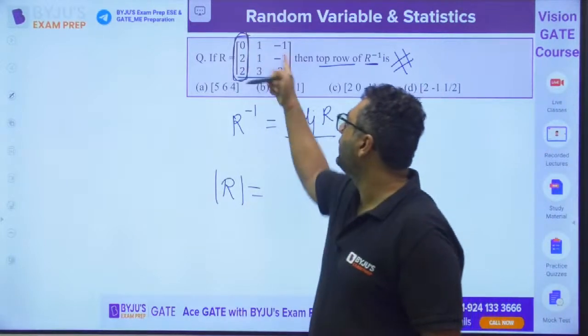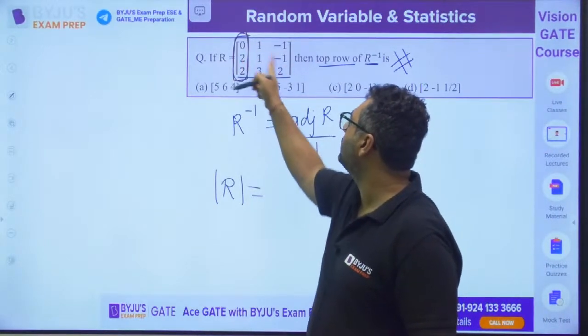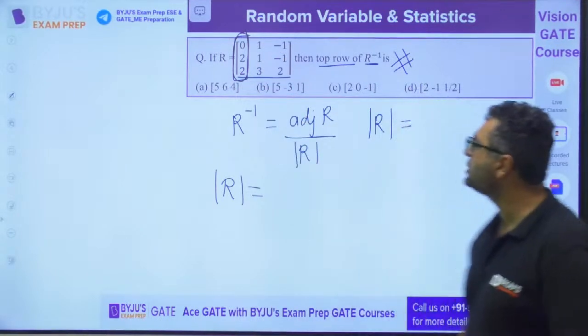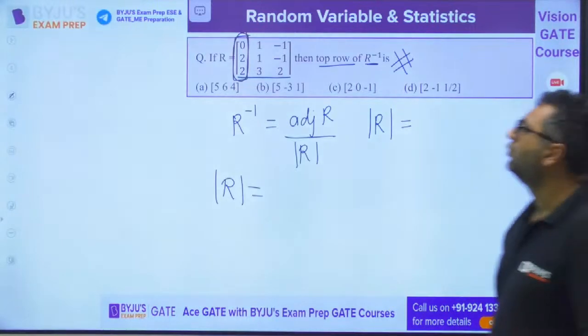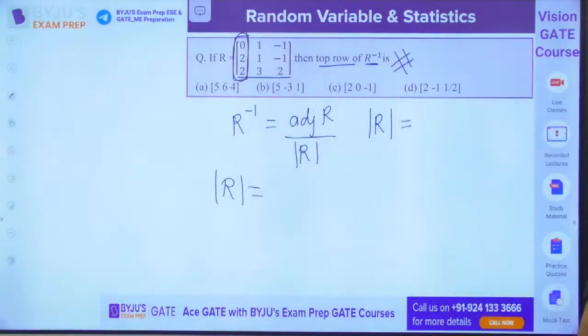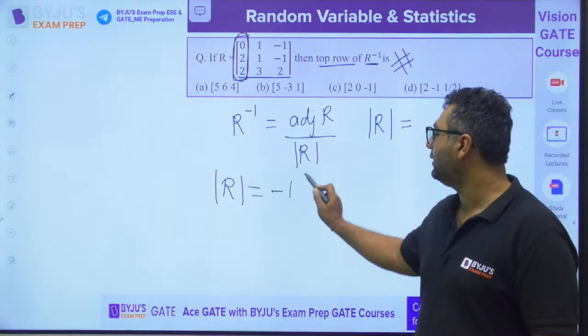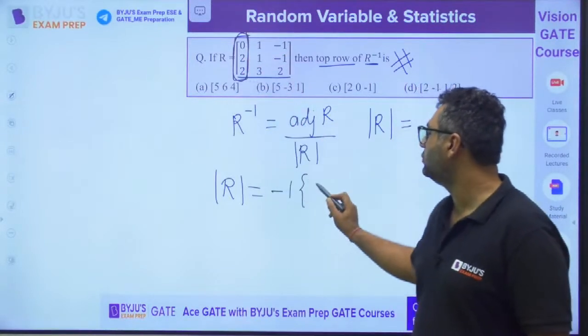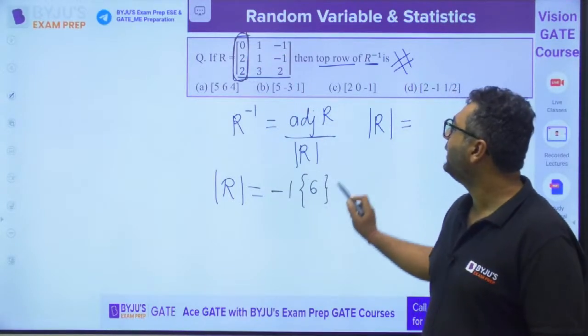So 0 into 0, then -1, 4 plus 2, 6, then -1, 4 minus of -2. Arey bhai, tell me, it has been so long. -1, it is 4 minus of 2, 6, then -1.